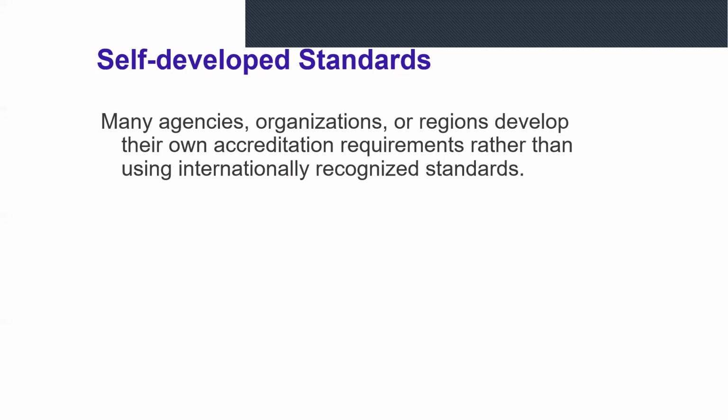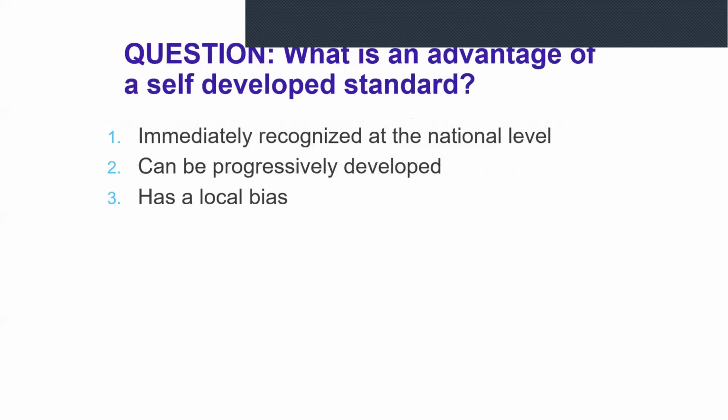However, in this world of globalization nowadays, I think everybody looks for the internationally recognized standards. So even though we all started with self-developed standards, as things have moved along, we all look towards more international standards. So the next question, a polling question, is: what is an advantage of a self-developed standard?